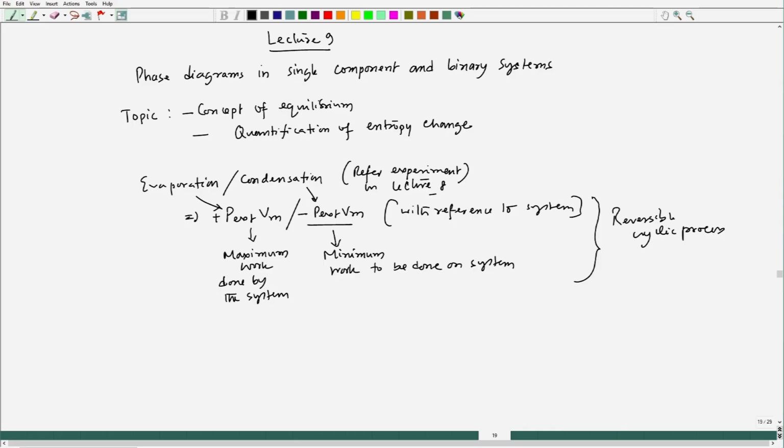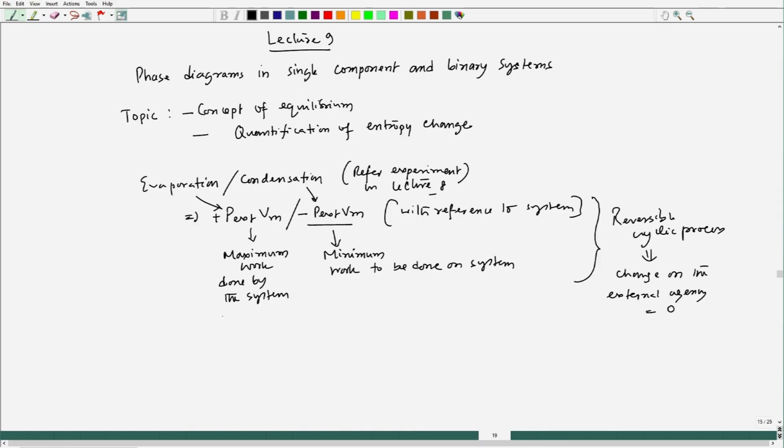Now, when it is a reversible cyclic process, the change on the external agency is equal to 0.